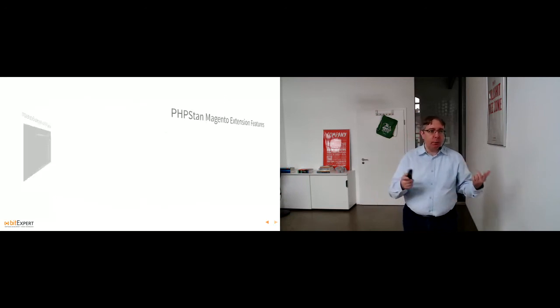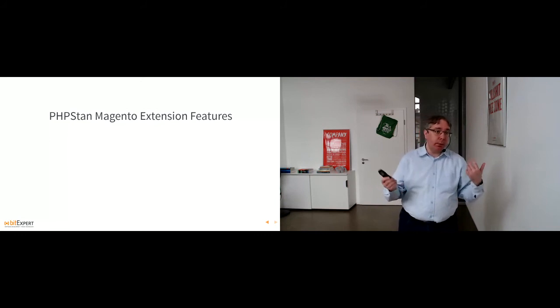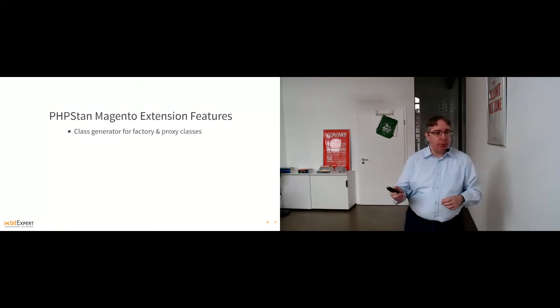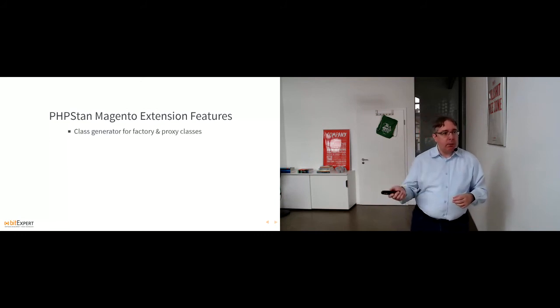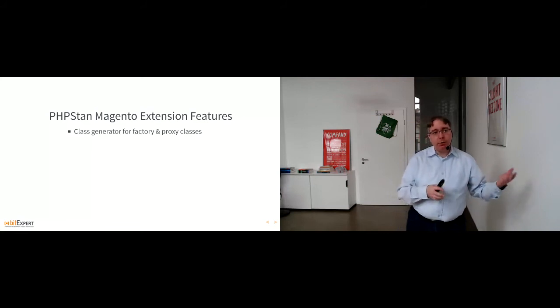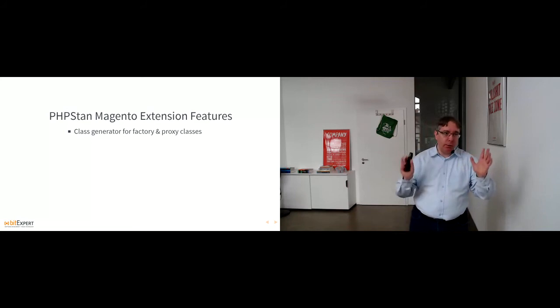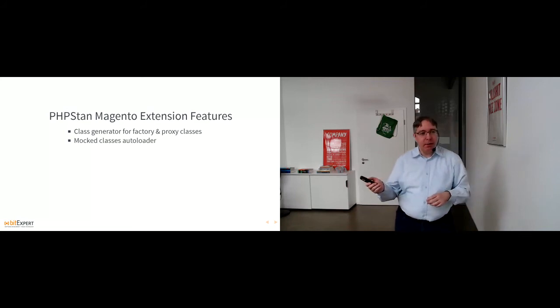So what does it do more compared to Magento's implementation? Well, first of all, we had it earlier than Magento 2.4. The second thing is there's a class generator for the factory and proxy classes that is not using Magento's logic but our own, which might be a bit quicker because we don't question anything.